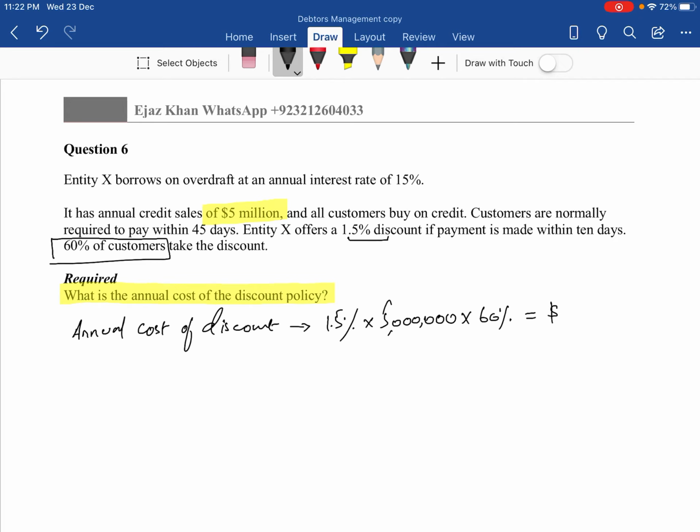So if you just take 1.5% of 60% of the sales figure, then it's $45,000. So that's the cost of discount that the company is offering.